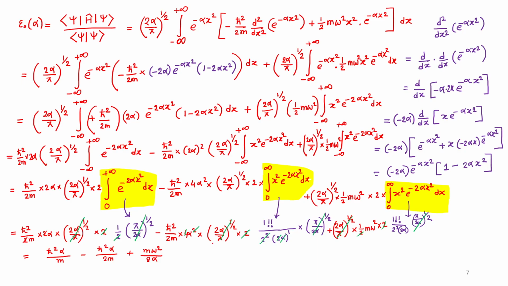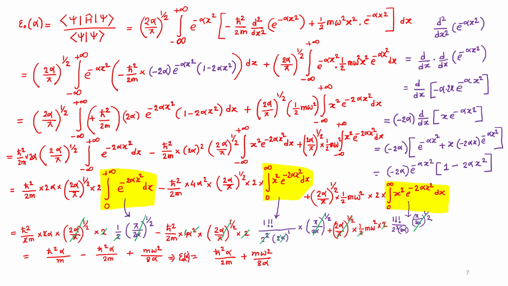The rest of the terms have vanished, and these we can even simplify. The first two terms will lead to h cut square by alpha 2m plus m omega square by 8 alpha. So that is your function.